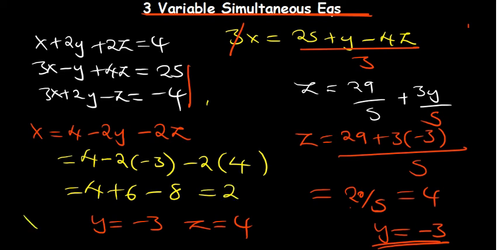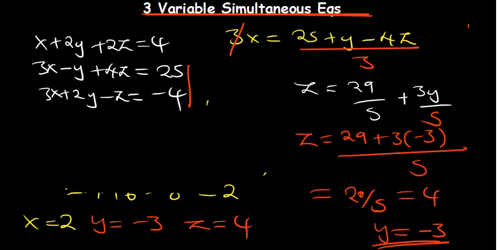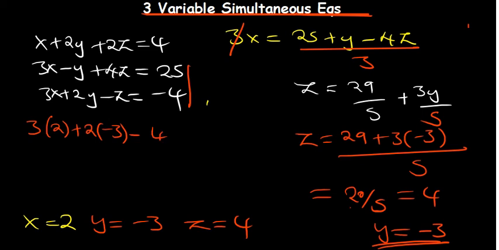So x is 2. Okay, so you can verify using a different equation if your answer is true. So 3x, that's 2, 4y, negative 3, 4z, minus 4. So 6 minus 6 minus 4 is equal to negative 4, which verifies.